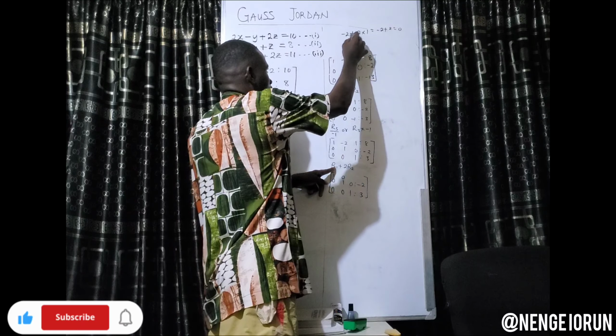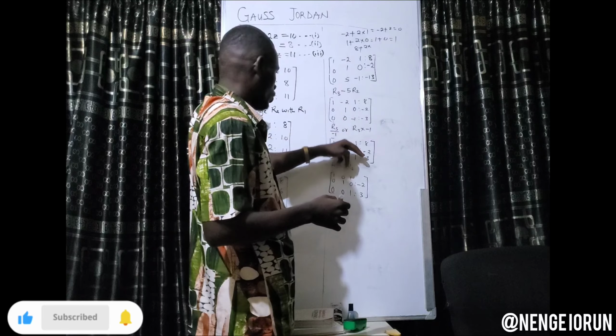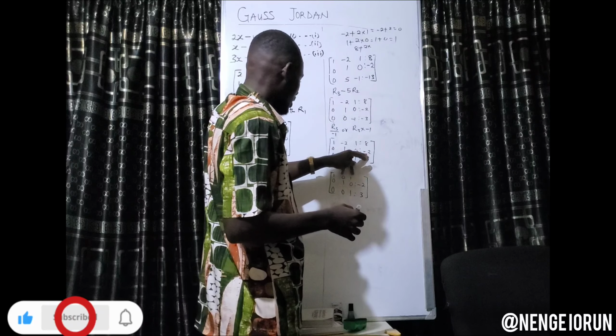So now for this one here, row 1, we have 8 plus 2 times the corresponding element on row 2. The corresponding element on row 2 is -2. This will give us 8. 2 times -2 is -4. This will give us 4. So what we have here is now 4.